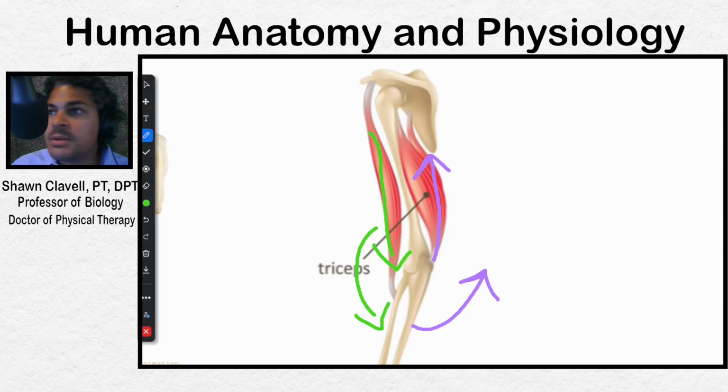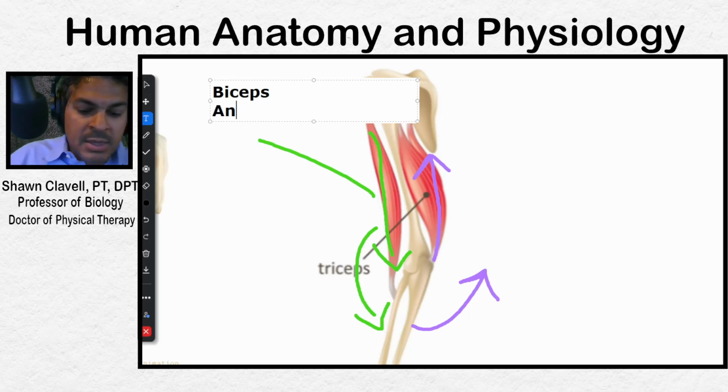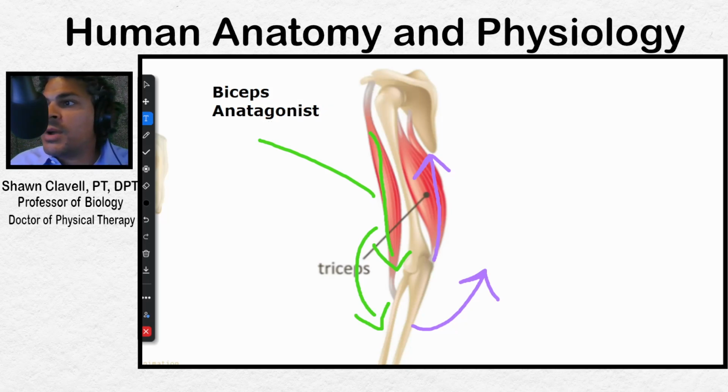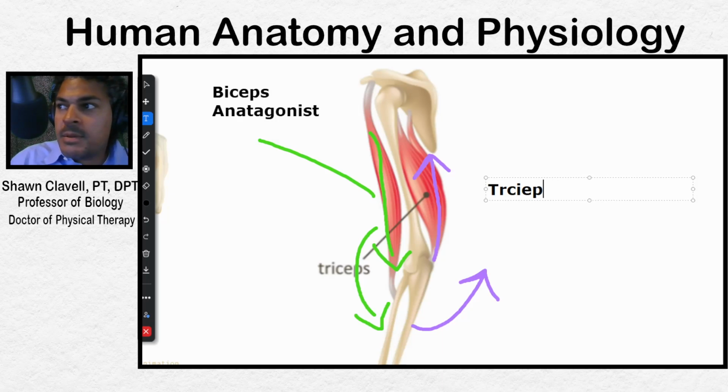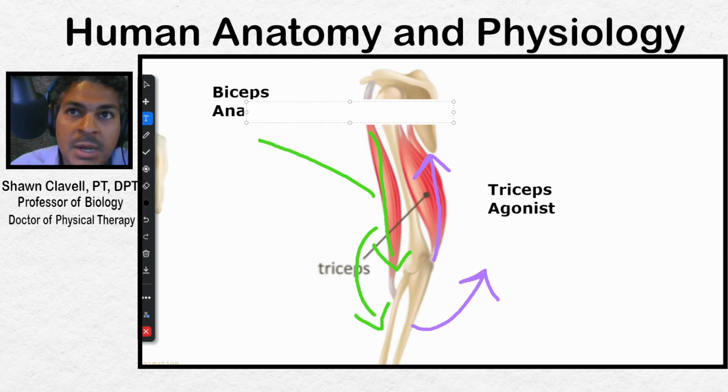So the biceps is the antagonist in elbow extension, producing the opposite effect, whereas the triceps would be our agonist. So there's the concept.